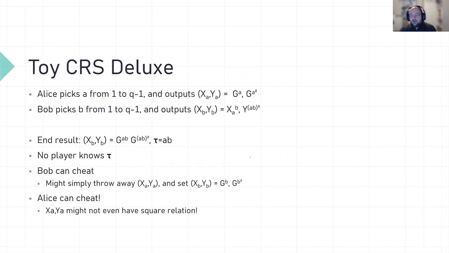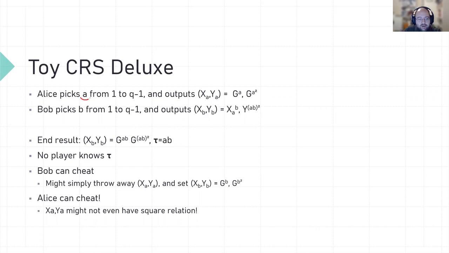So we're going to go through a basic example where 2 players will cooperate to build a reference string of this structure. And obviously this generalizes into many more players. So we have everybody's famous crypto people, Alice and Bob.